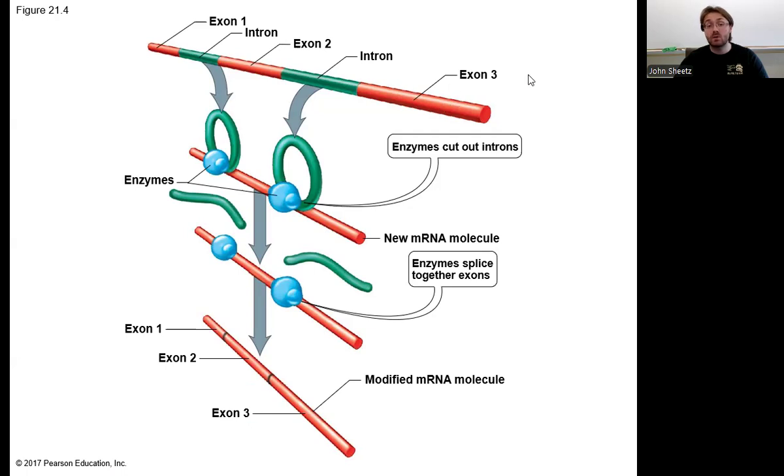We want to code for all these amino acids, but the introns are in the way. We don't want the introns to be part of the sequence. So a specialized enzyme removes these introns, leaving behind a new RNA molecule. Another enzyme then splices these exons together to make a continuous sequence. That is what is actually going to be leaving the nucleus.